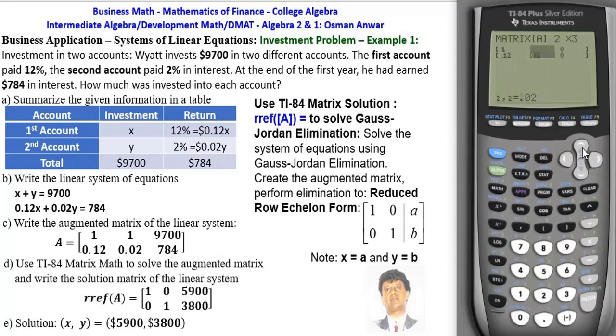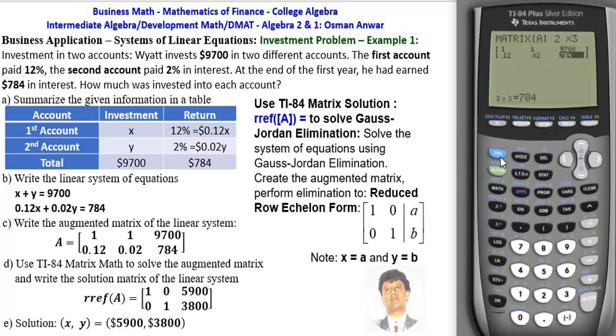augmented with 9,700, and 784. Okay, make sure your entries are correct. So you have 0.12 for x values, the y values are 0.02, and the augmented are 9,700, 784.